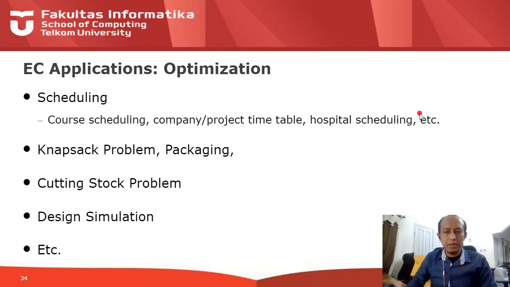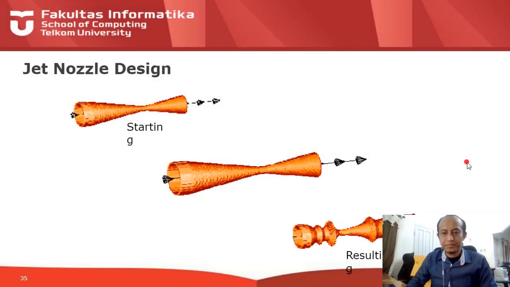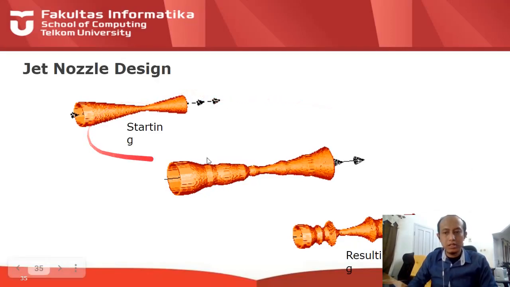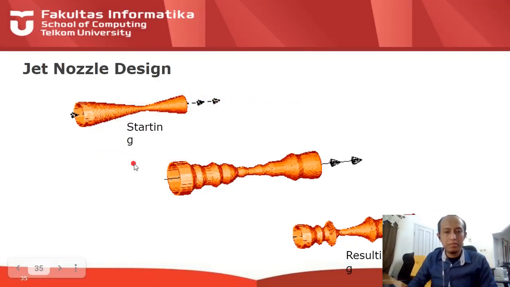Evolutionary computing can be applied to many problems, such as scheduling, knapsack problem, packaging, cutting stock problem, design simulation, and so on. We can use evolutionary computing for designing a jet nozzle in an airplane.